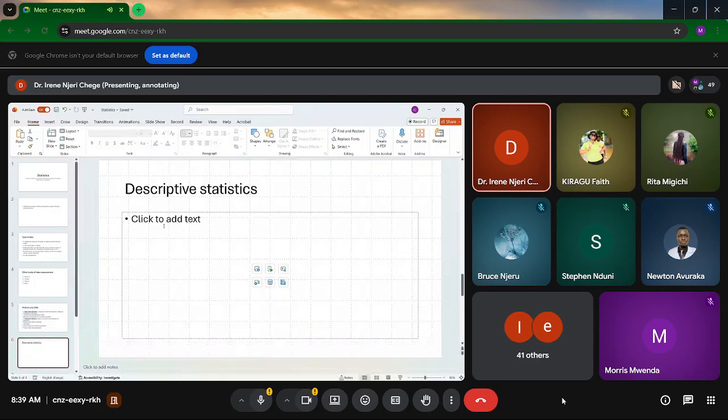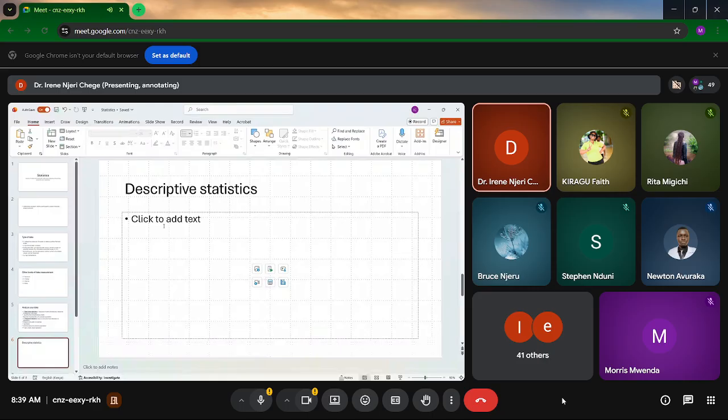For example, if we have how many people got 5 marks out of 10, someone else got 5, another one got 6, we have 7, we have 8, and we have 10. These are the marks of the CAT out of 10.